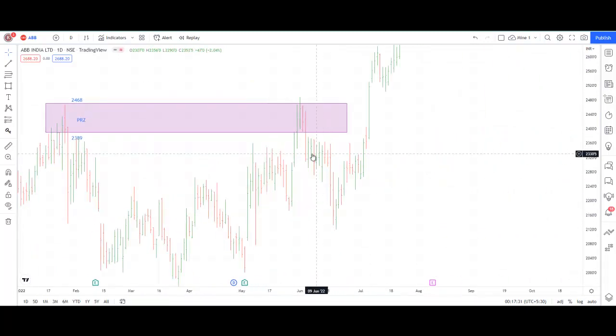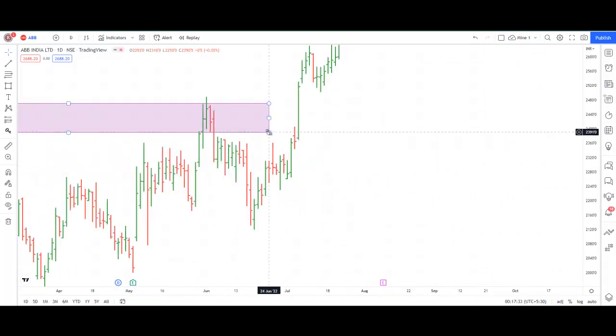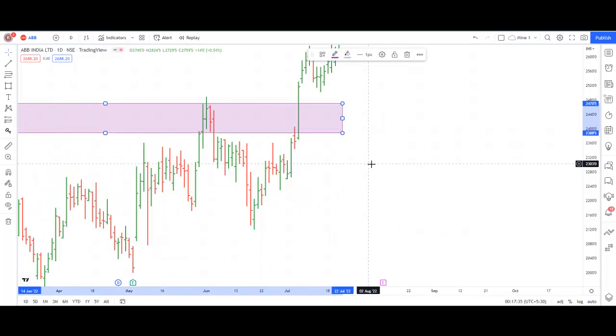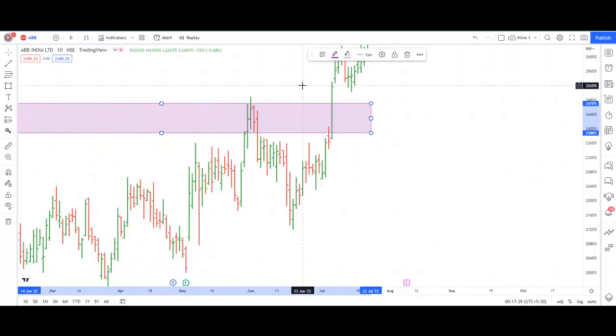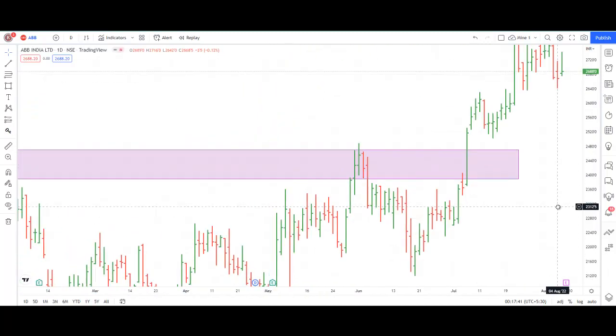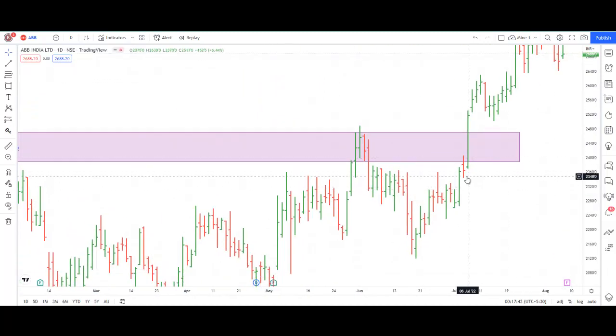So let me extend it further. As you can see here, this price rejection zone was clearly taken out by this widespread up bar. In VSA terms, we would call it jumping across the resistance.